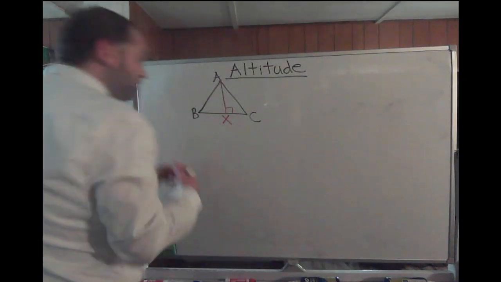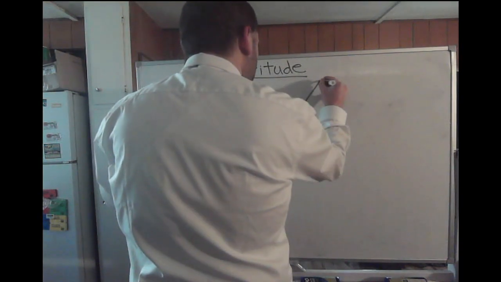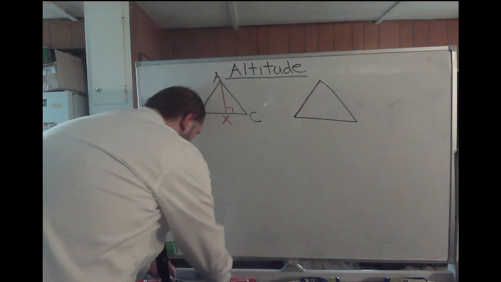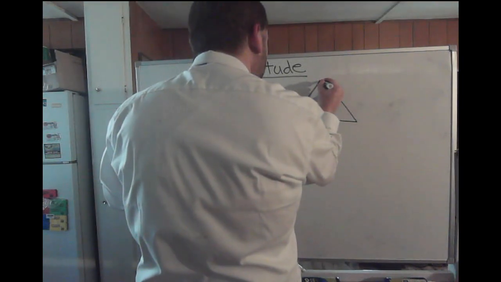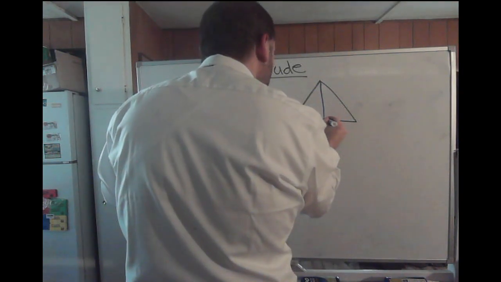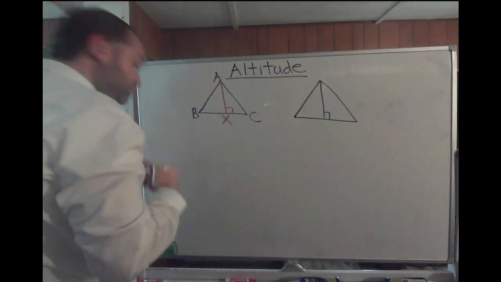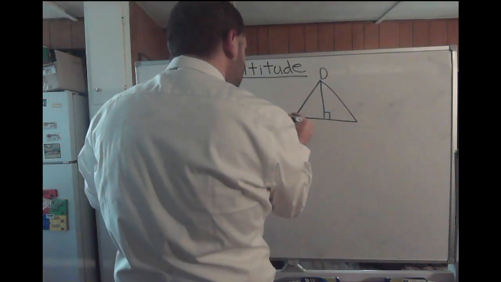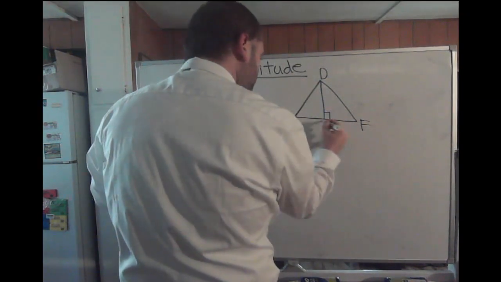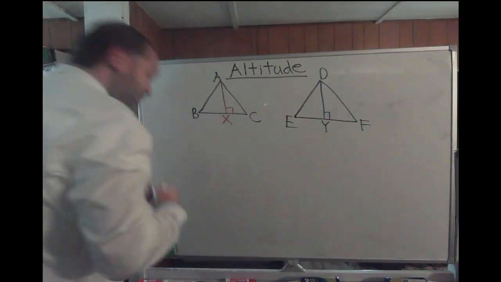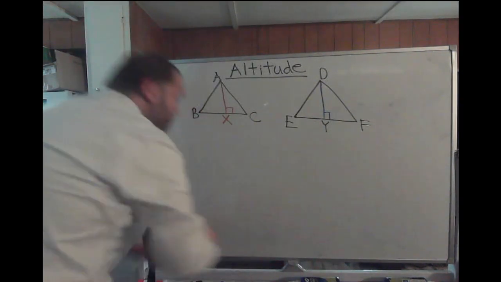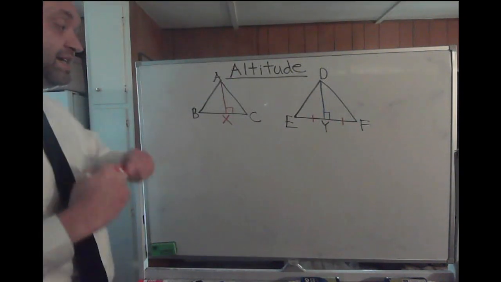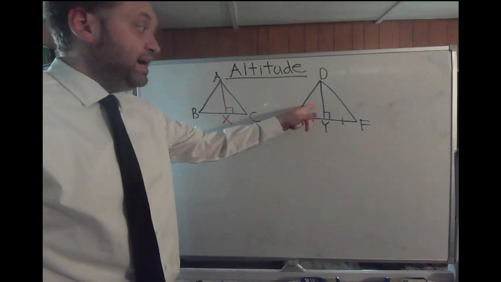Now, something else to note, that in an equilateral triangle, which would also be equiangular, the altitude in an equilateral triangle is here, D, E, F. We'll call this blue point Y. In an equilateral triangle, the altitude bisects the opposite side, so it's not only the altitude, it's the median.